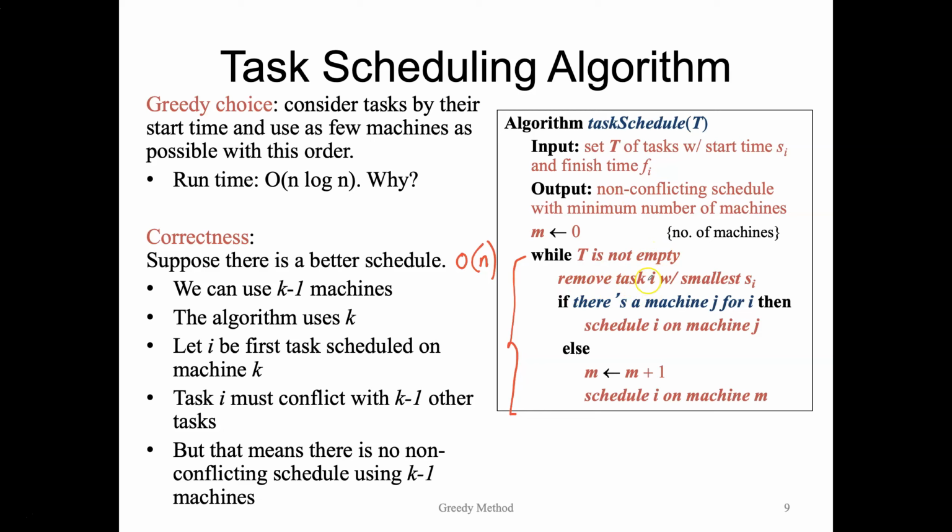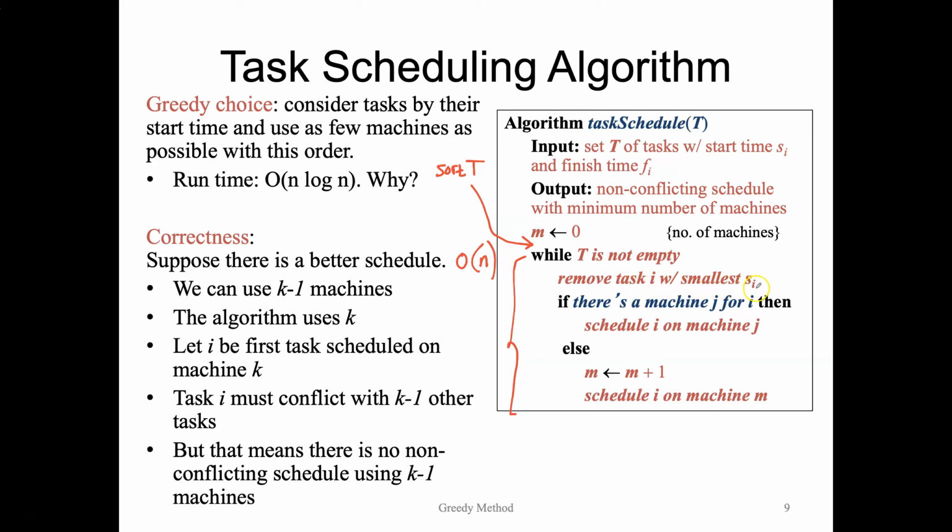So we could do like we did in the previous lecture. If we want to remove the task that has the smallest start time, we could just sort them all in advance. So before we start going through all tasks, sort T by ascending start time, or descending start time, whichever you want to go with, so that just the first or the last one is already the task that has the smallest start time.